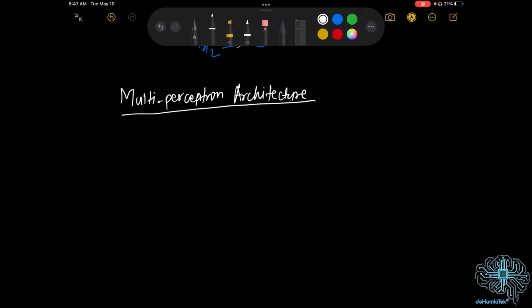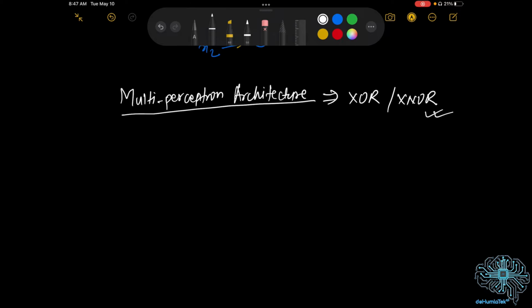We would see a similar kind of example, or to be more precise, we just want to see how multi-perceptron is going to solve for XOR or XNOR, because this was one of the problems that the single perceptron was not able to solve.